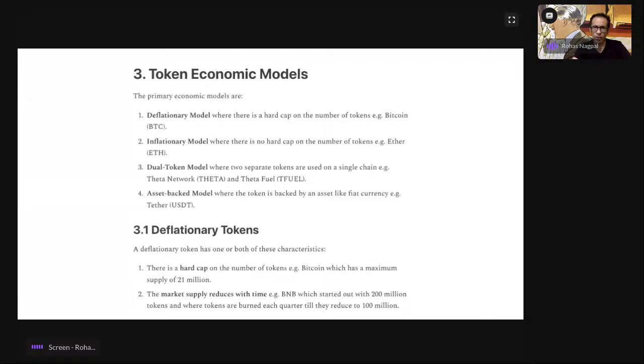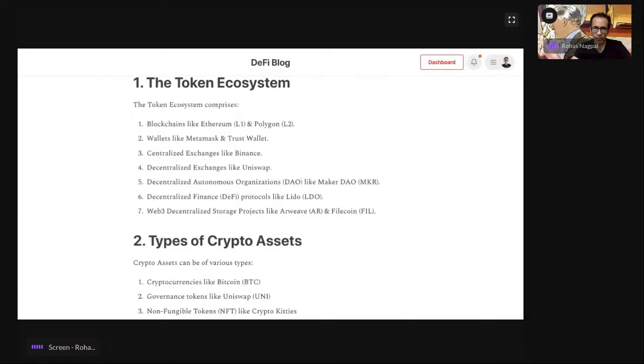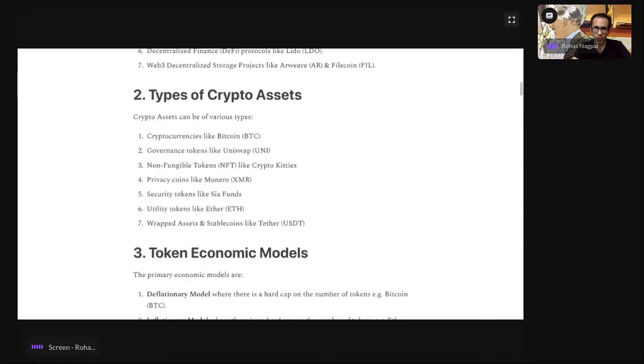If you were advising a project, the first thing that you would look at is, out of these 7, what makes sense for that project. You may come to a conclusion that the project needs governance tokens and NFTs and maybe security tokens. So you could advise them to use a security token to do the fundraise and give ownership to investors, then use utility tokens for the regular interaction, and then use governance tokens for something else. This is how it would work.